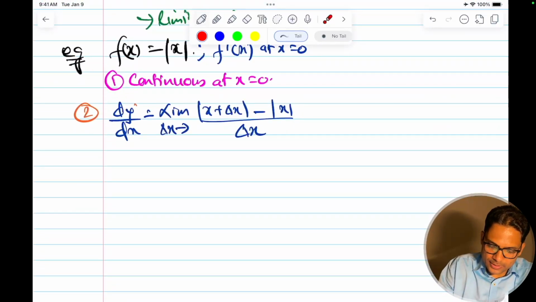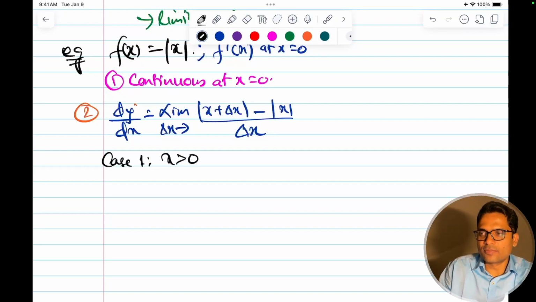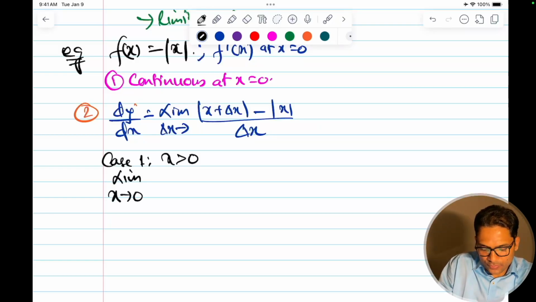So let's calculate this. So my case 1 is x is greater than 0, means I'm going from the positive side. Okay, so my limit delta x tends to 0 from plus side, mod of x plus delta x minus mod of x by delta x.